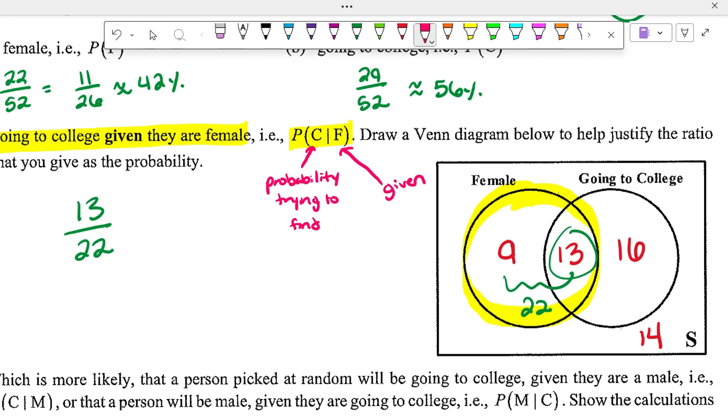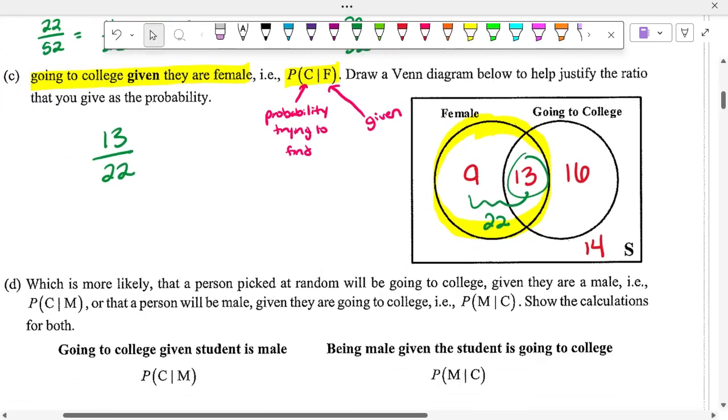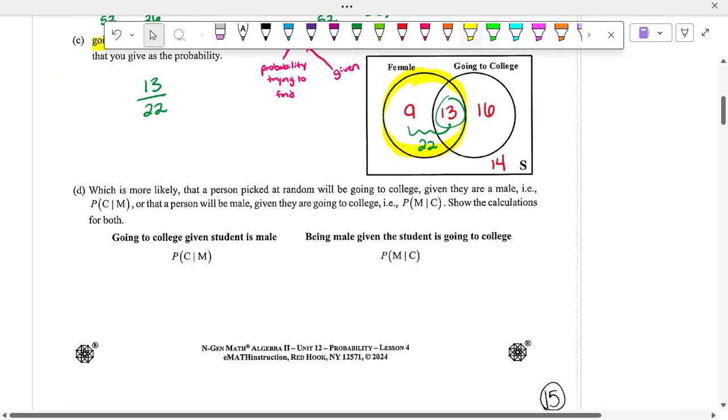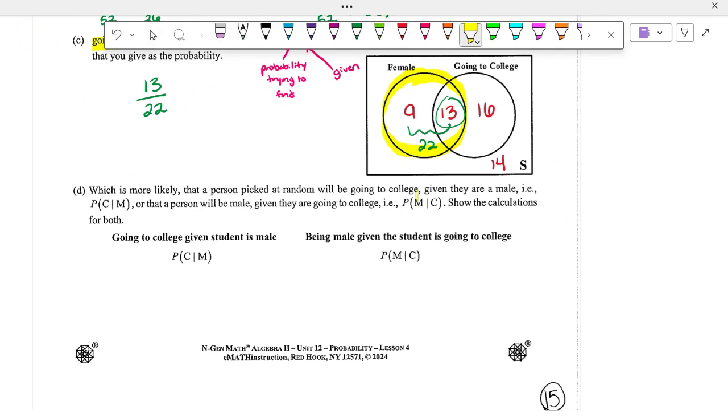So be careful with how they write it because there is a difference. So now they want to know which is more likely: that a person picked at random will be going to college given they are male. So they're going to college and we know for a fact they're male. So this will be the probability of C given M. Or that the person will be male given that they are going to college.